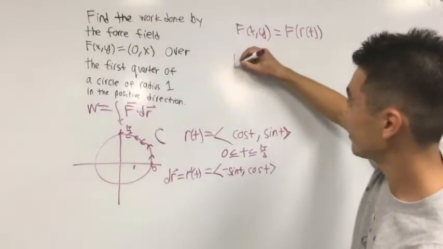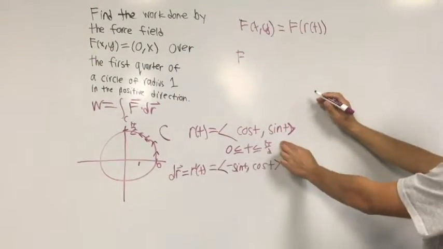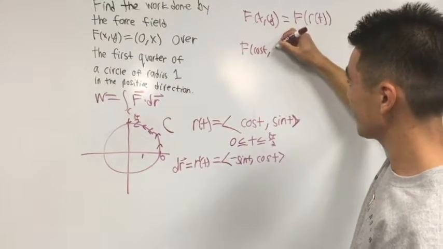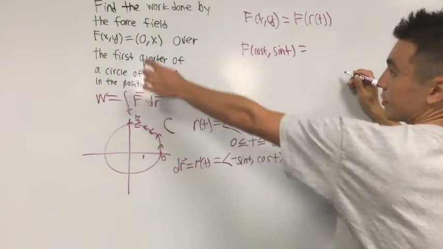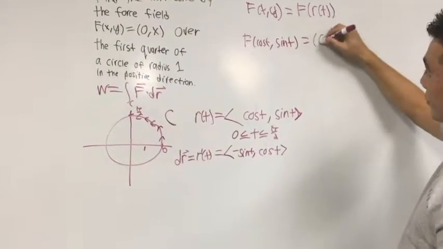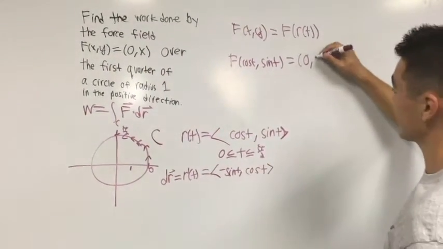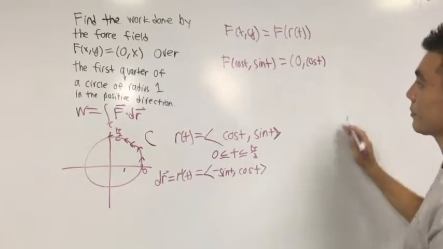So f, instead of x and y, we're going to use this x and this y. So it's going to be f of cosine of t, sine of t equals 0. And instead of x, we're going to use cosine of t, which is the x component of r of t.